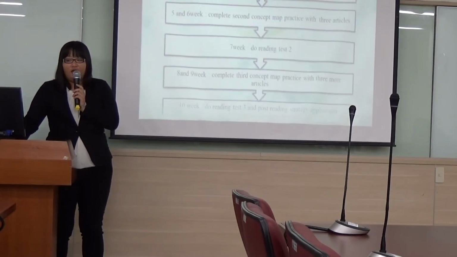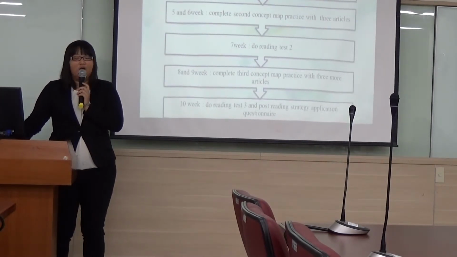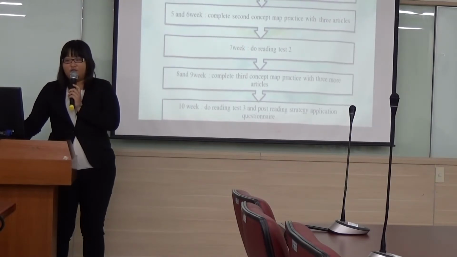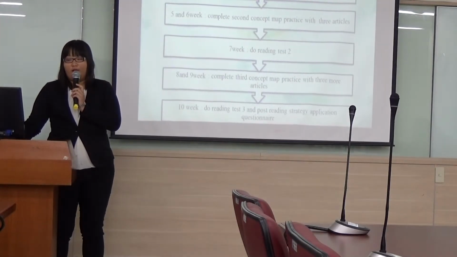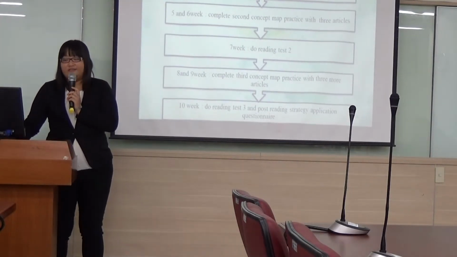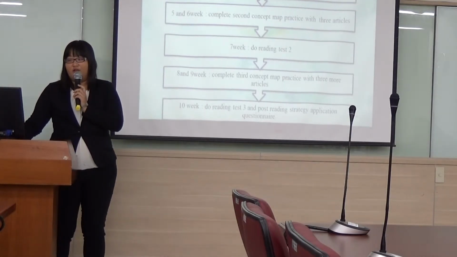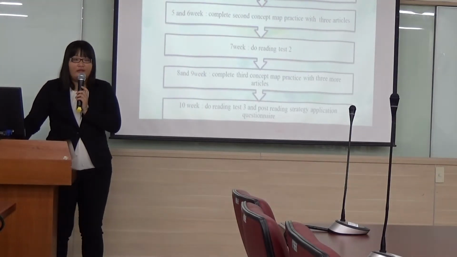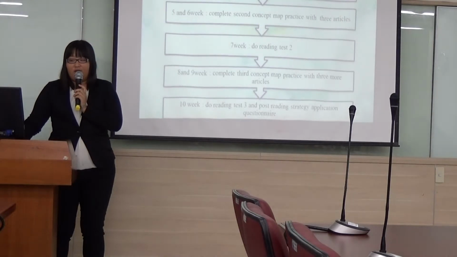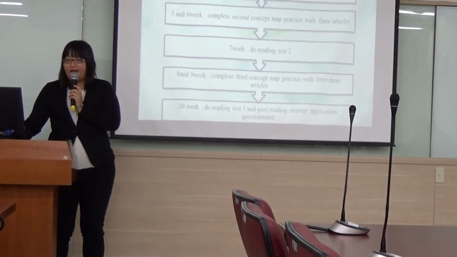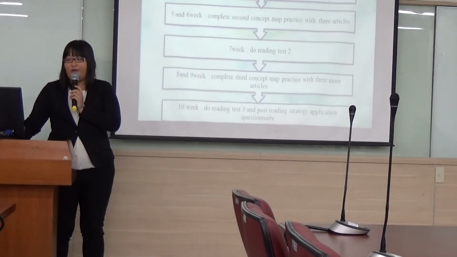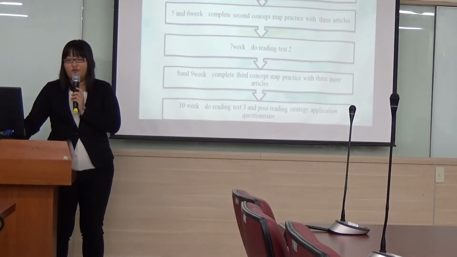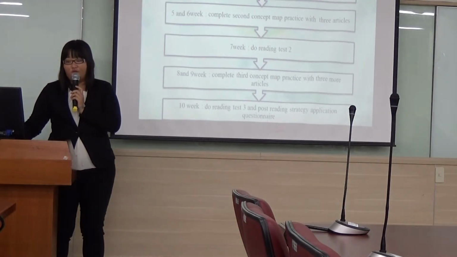Procedure. In the first week, the students completed the pre-reading test and the pre-reading strategy application questionnaire. In the second and third weeks, the teacher introduced the idea of concept mapping and the function of the Inspiration software.